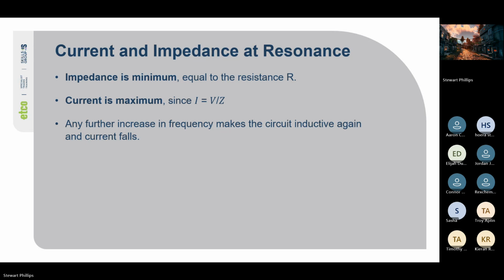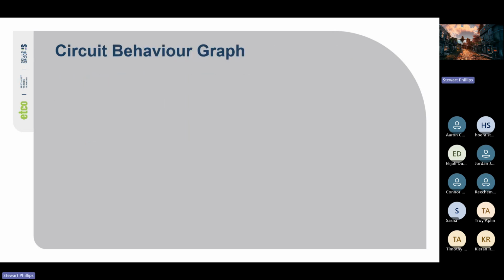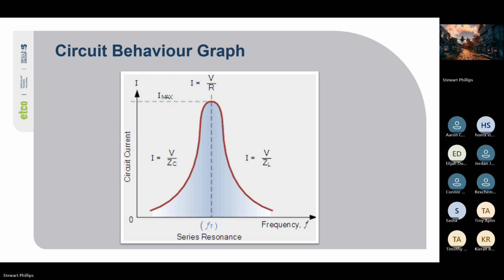Cool. So we'll take a look at a circuit behavior graph. As we get towards resonance, our current all of a sudden spikes because our impedance has dropped off extremely. At the golden frequency, we get an increased current because we have eliminated our impedance.